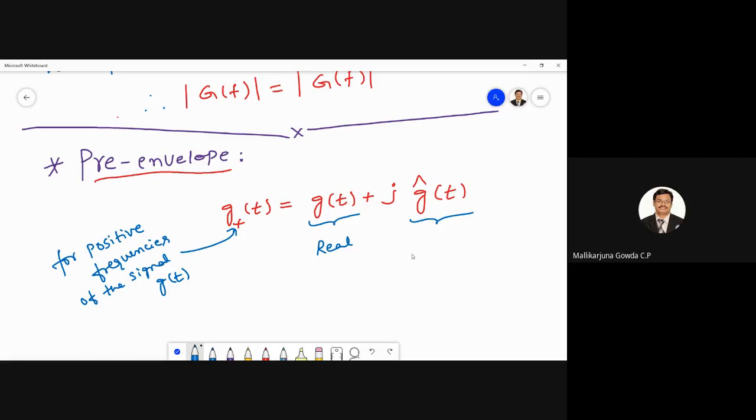One is the real part, which is g(t), and the imaginary part is the Hilbert transform of the signal g(t). Yes, is it fine?